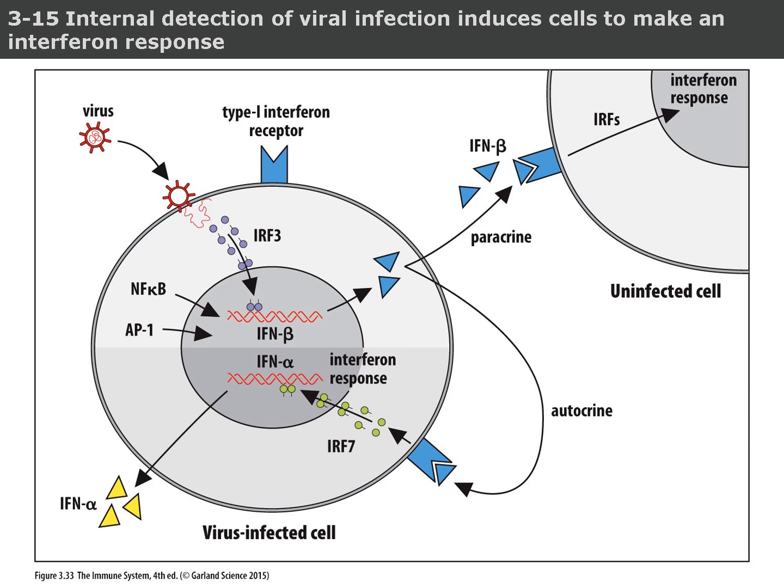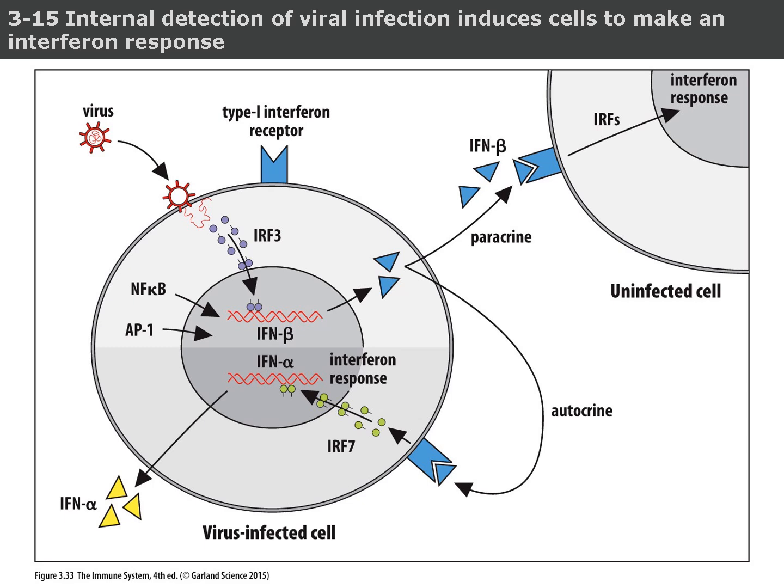Once a virus enters and replicates within a host cell, viral nucleic acids activate transcription factors, such as nuclear factor kappa light chain enhancer of activated B cells, activator protein 1, and interferon regulatory factor 3. Together, these factors induce the transcription and production of interferon beta.